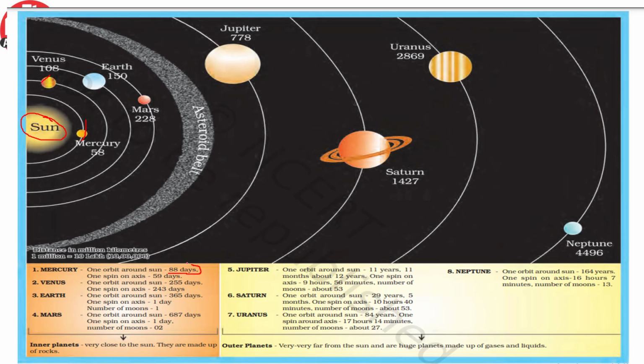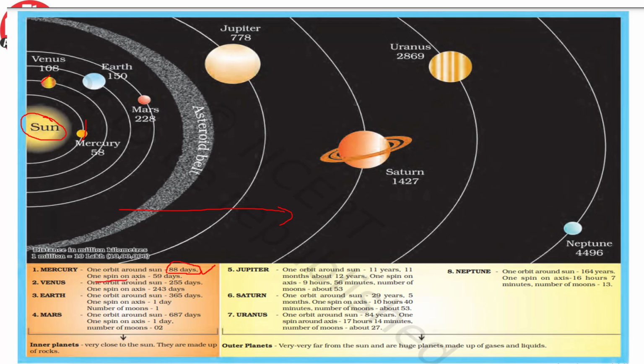Revolution will be around the Sun in a fixed orbit. So for instance, Mercury will obviously have the shortest period of time for the revolution. It takes only 88 days. And as you move farther away from the Sun, because the size of the orbit increases, therefore revolution days will also increase.